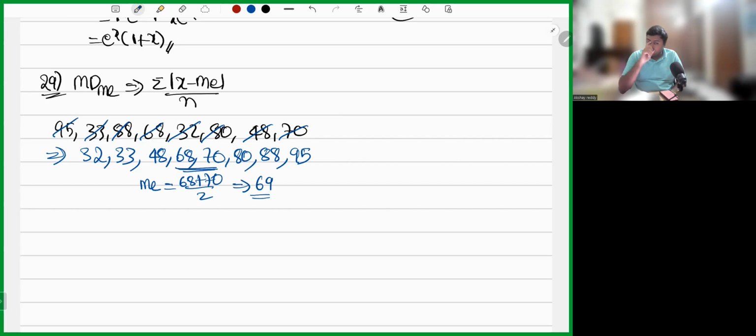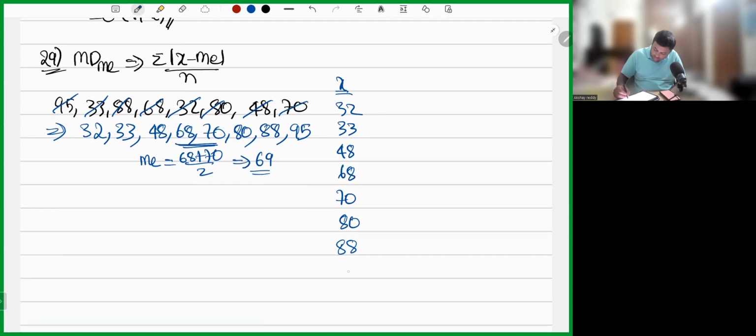Now, x is given: 32, 33, 48, 68, 70, 80, 88, 95. Median is given 69. Let's calculate x minus median, obviously modulus.